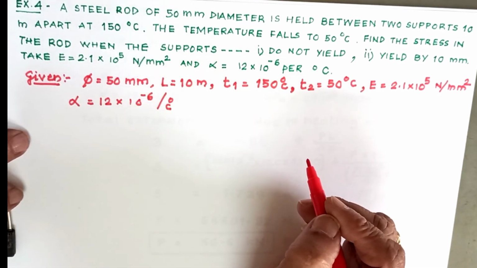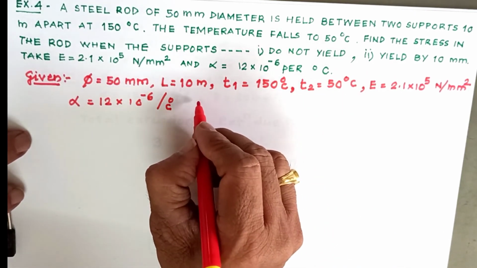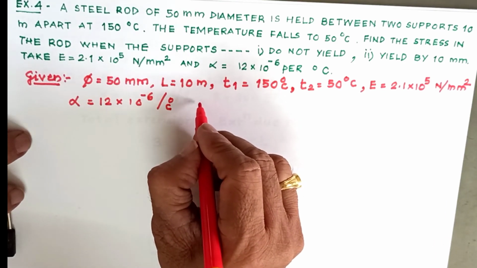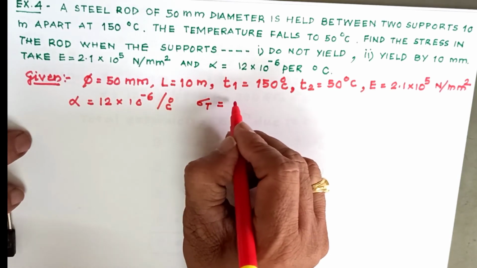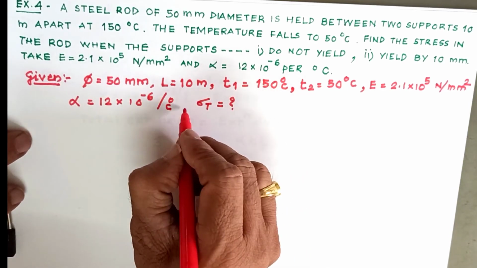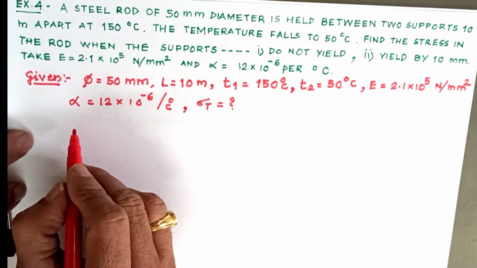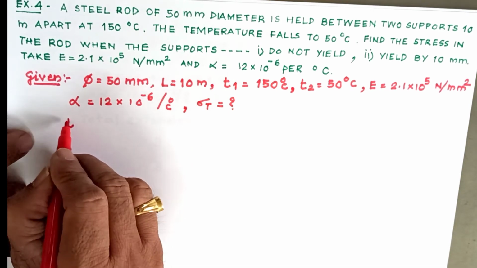What are the things required to be calculated? We have to find out thermal stress in two cases. First, when the supports do not yield. Okay? So let us see here. First, change in temperature we will calculate.